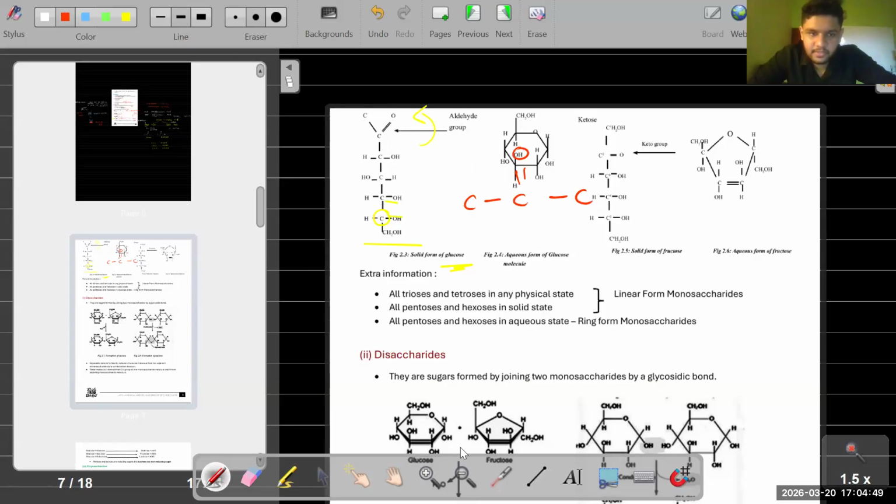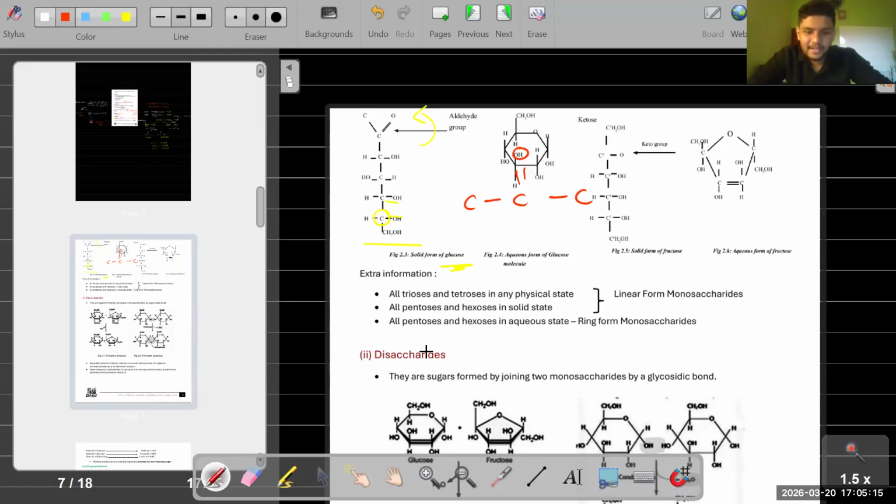Can you understand what I'm trying to convey? Yes. So do you agree that glucose is an aldose sugar? Yes, glucose is an aldose sugar, right?